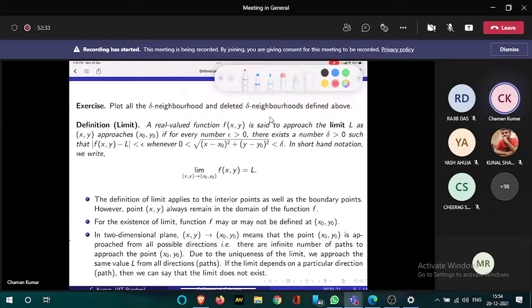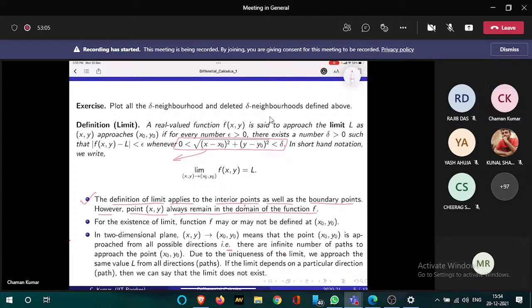Now there are some points here. The definition of the limit applies to the interior points as well as the boundary points. However, points x, y always remain in the domain of the function. Right. So what does it mean? It means that when you create the neighborhood, this x and y appears here in the neighborhood and here.